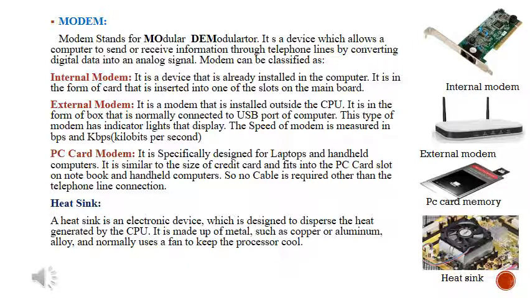So, for dissipation of the heat, the heatsink helps. It is made of metal such as copper or aluminium alloy and normally uses a fan to keep the processor cool. You can see the image. The fan is inserted in the heatsink to keep the processor cool.